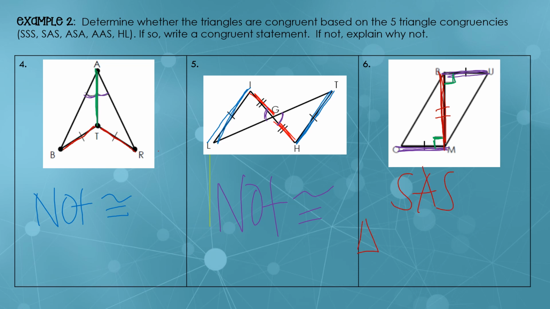So I'm going to call the first one triangle, let's just go MOB. And then the second triangle, M in the triangle on the left is the right angle, so that matches with B in the triangle on the right. O, you go across the purple side, so go from B across the purple side, that's U. And then across the hypotenuse would lead you to M.